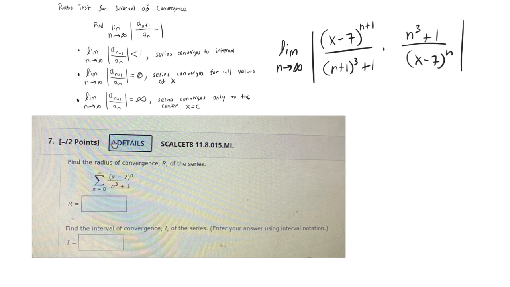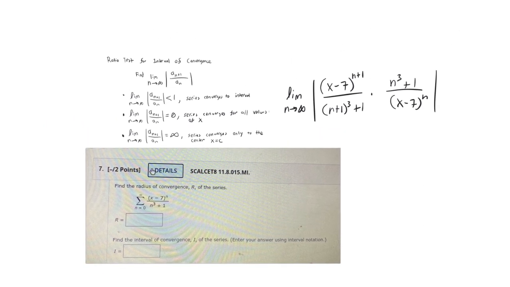And sort of whittling this down, we can recognize that this is really x minus 7 to the n times an additional x minus 7. Crossing that out. I do not feel like working that out, but at the end of the day, we know that these will cancel.